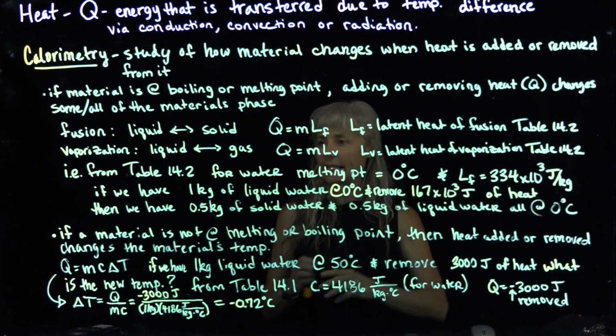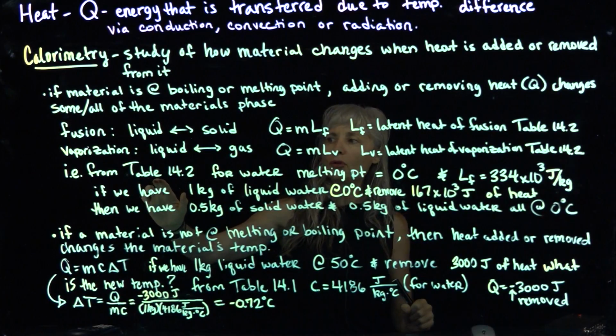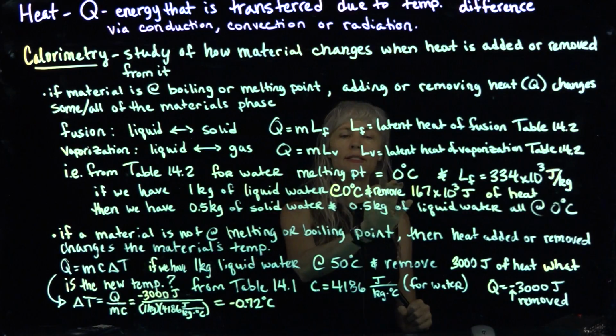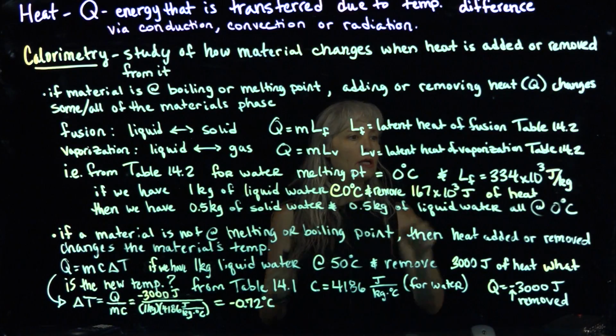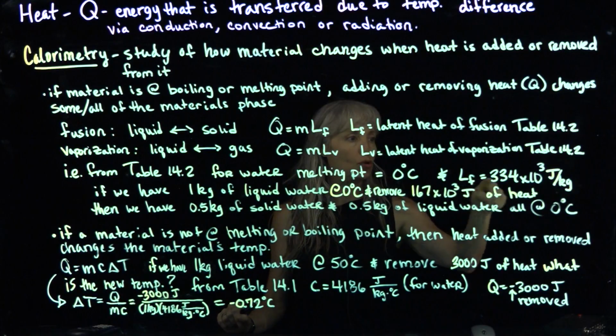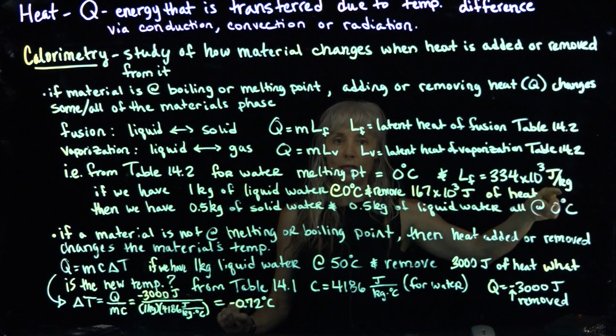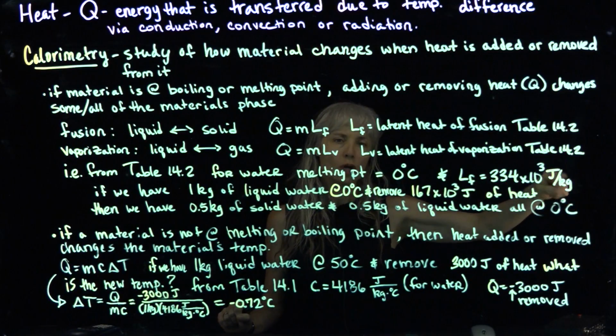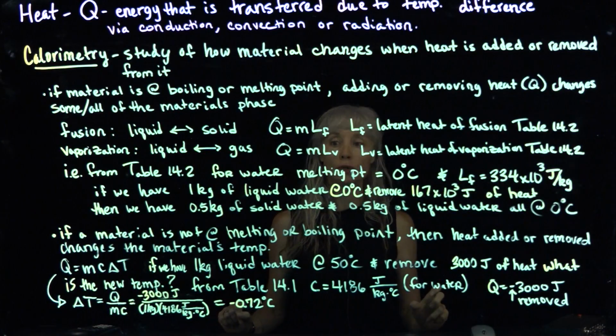So let's look at an example of this. We can read from table 14.2 that for water, the melting point is 0 degrees C. And the latent heat of fusion, also read from 14.2, is 334 times 10 to the third joules per kilogram. It's worth mentioning that table 14.2 for the latent heats uses units of kilojoules per kilogram. So be careful there. We want to have standard units, and I've immediately converted it to standard units.